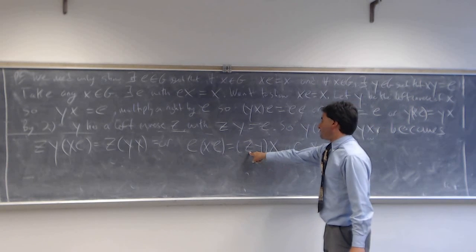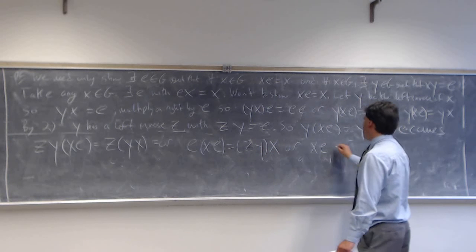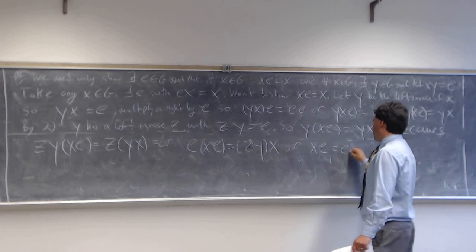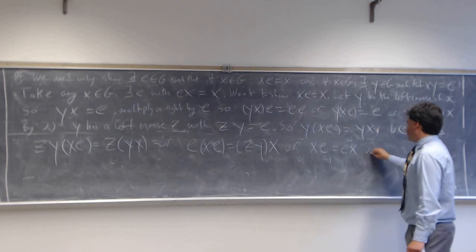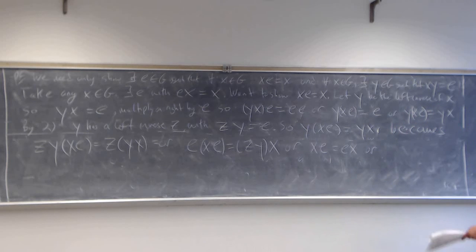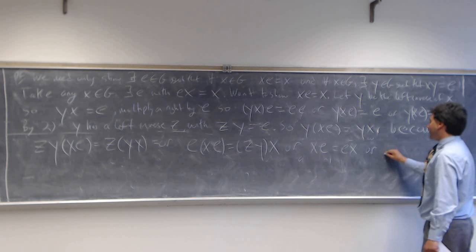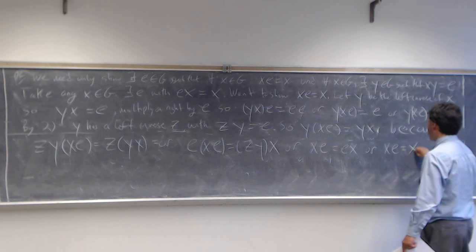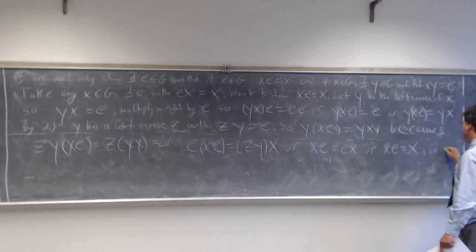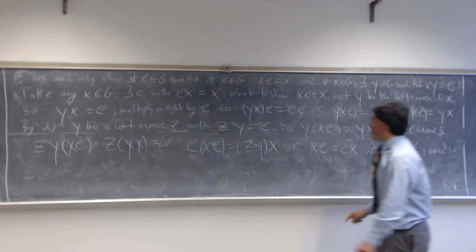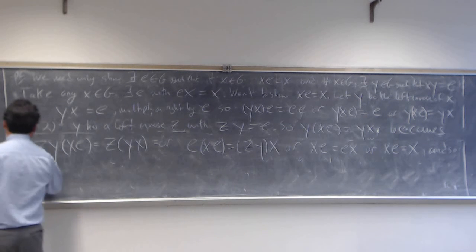And this z times y is E, so that would be EX. What does that now tell us? Well, E is a left identity, so EX is just X, so XE equals X. And so E is also a right identity.